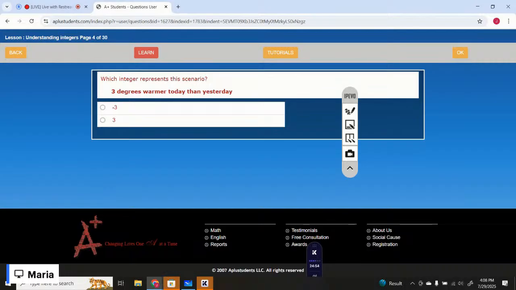Which integer represents the scenario? 3 degrees warmer today than yesterday. So warmer means an increase in temperature, right? So the correct option is 3. Option number 2 is the correct option.